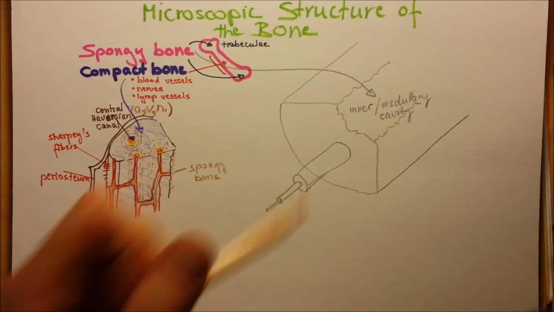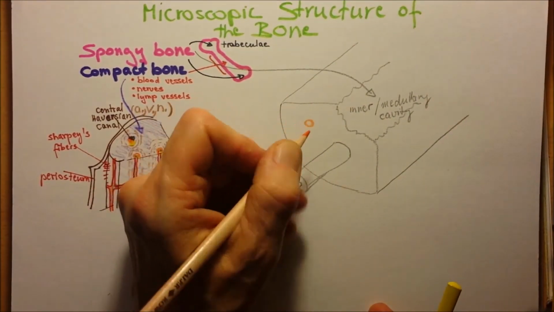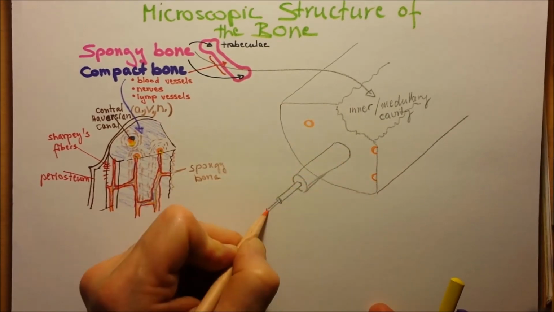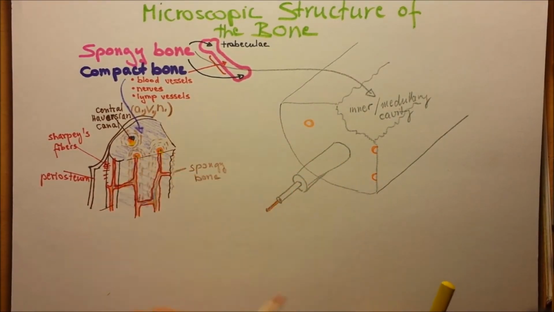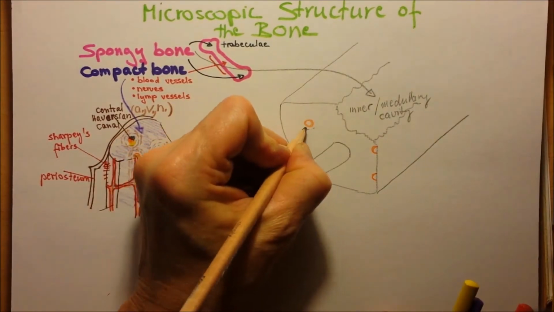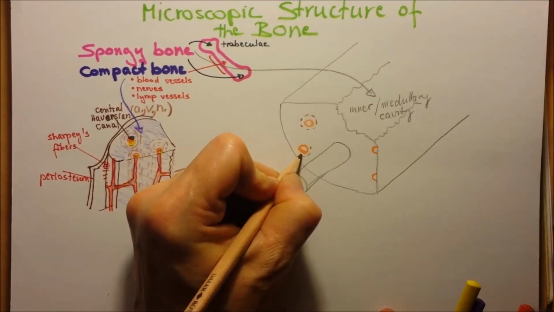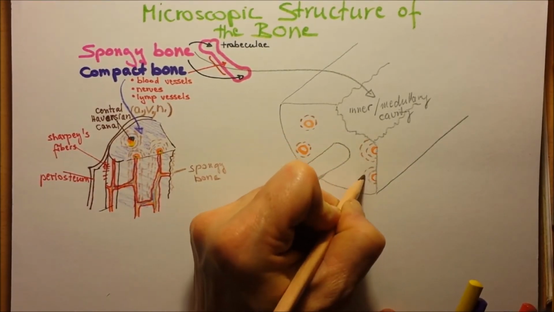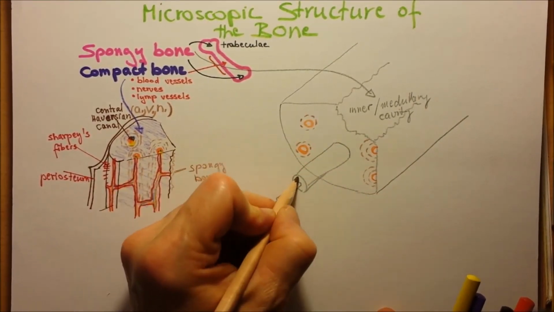Now what I just drew is just getting out the central Haversian canal, that's what I just colored, and all of the concentric circles around it. If I'm not pulling it out, you will see the concentric circles all around and also over there.